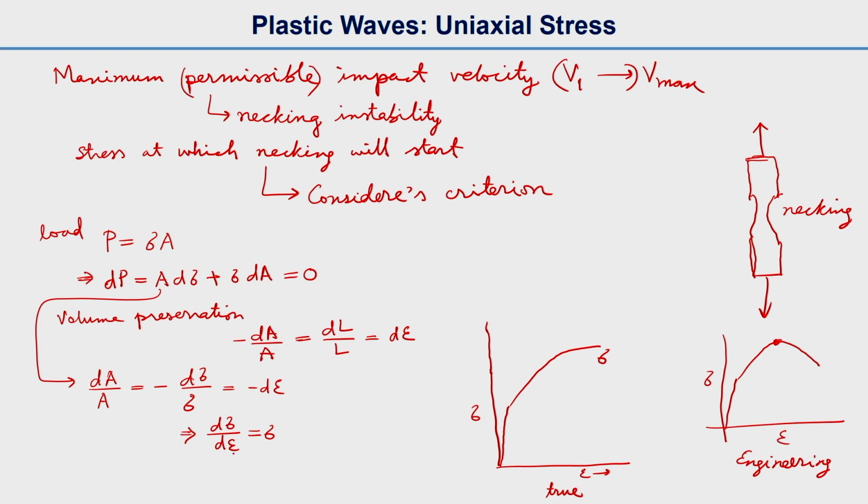Then d sigma by d epsilon, which is also known as the work hardening, will look something like this.